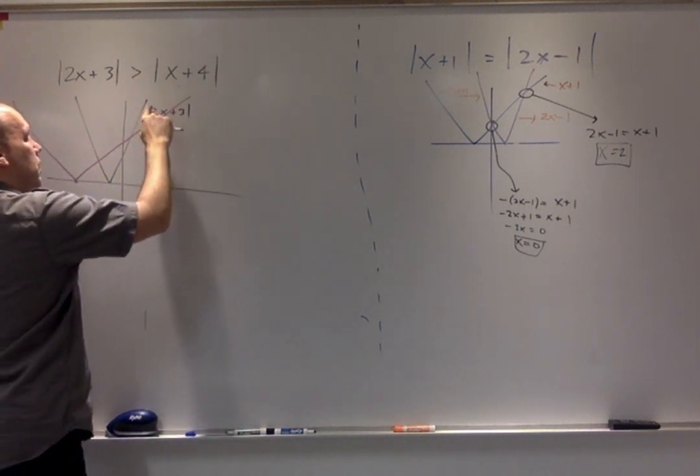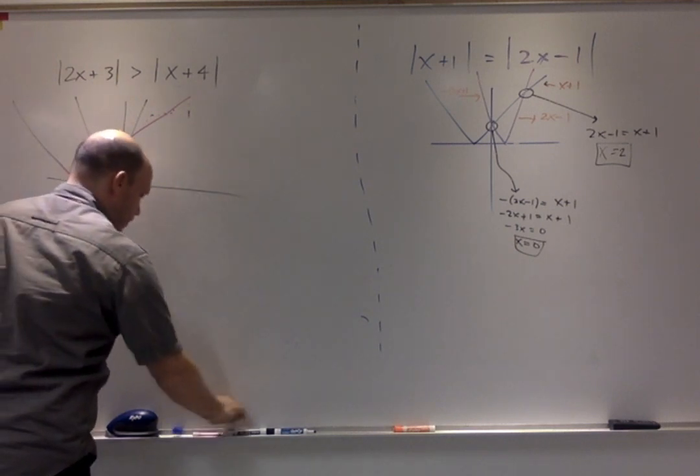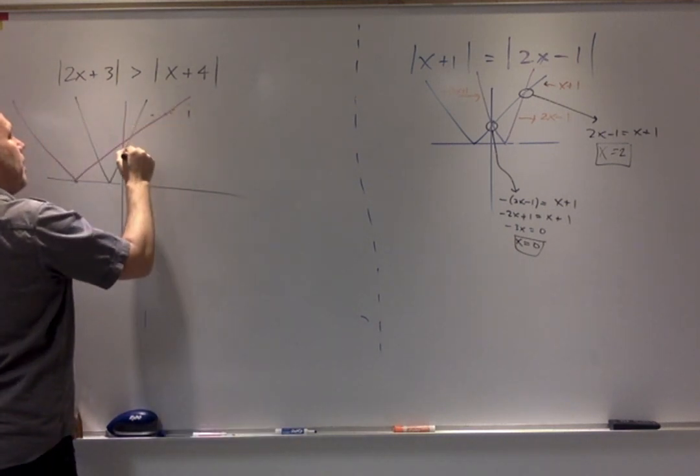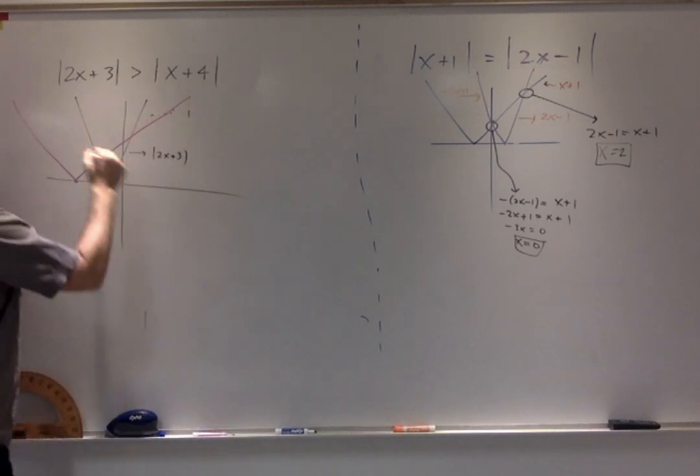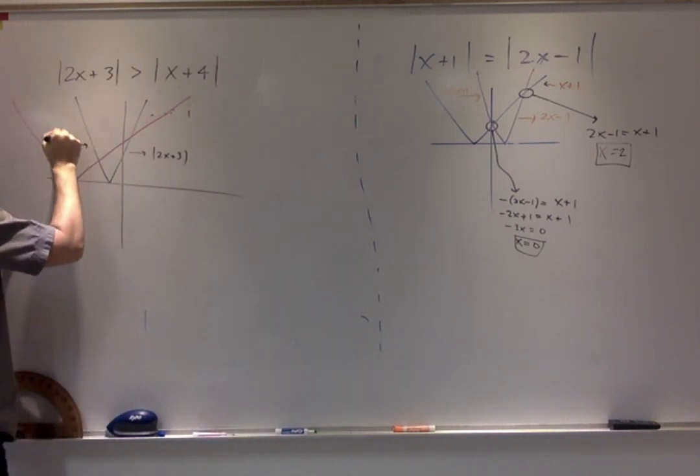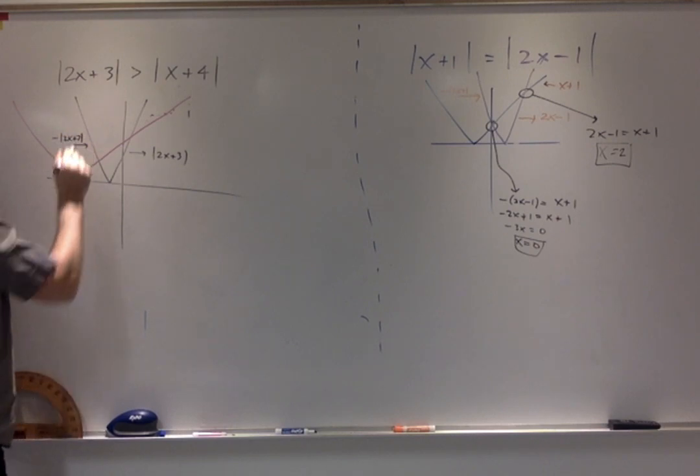The black part is the absolute value of 2x plus 3. This branch over here is negative 2x plus 3.